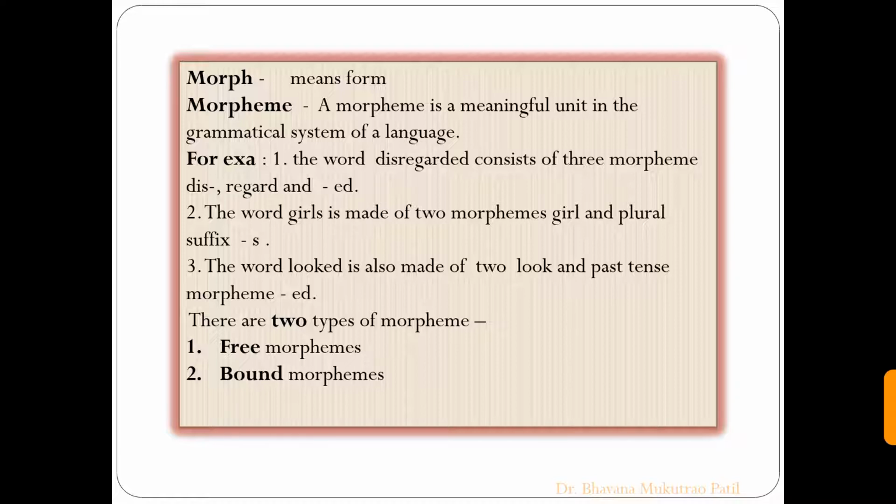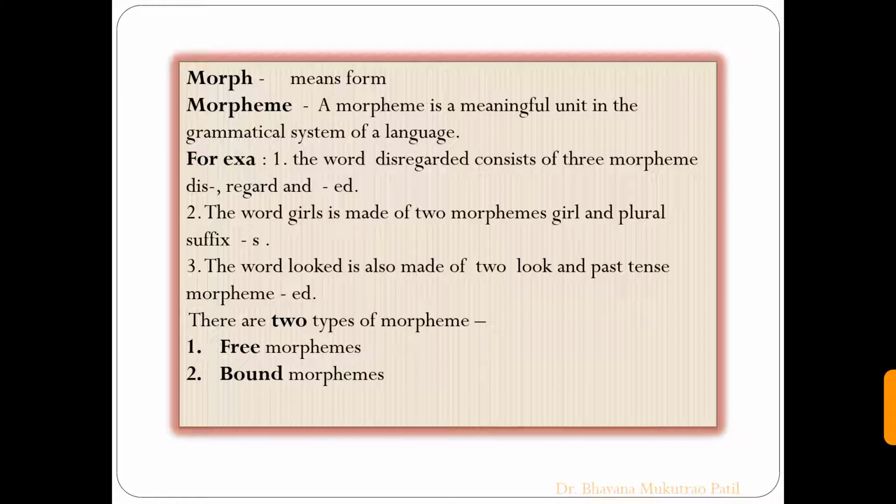For example, the word bit. The word bit consists of only one morpheme, bit. It is the present form and consists of only one form which has a definite meaning.